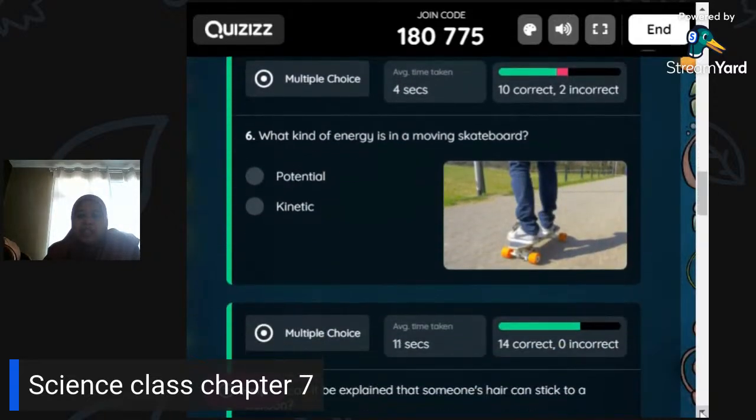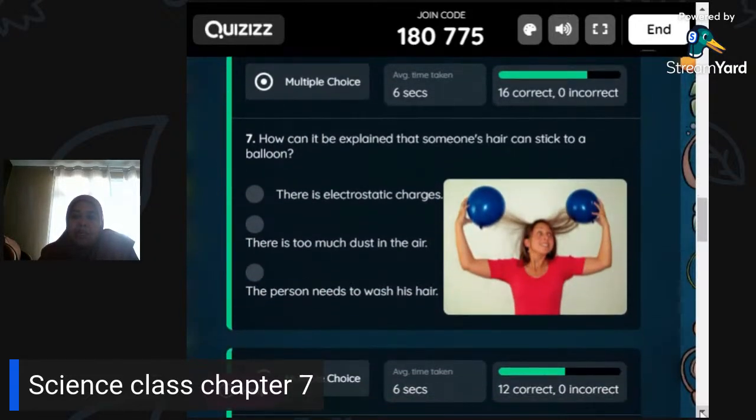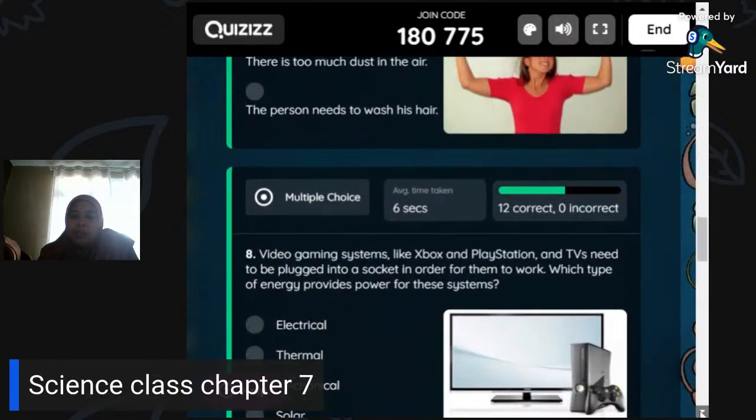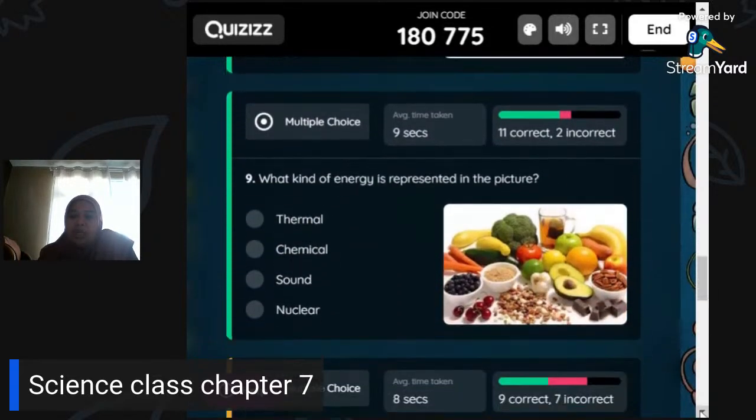Okay, what kind of energy? Moving skateboard. Potential or kinetic? How can it be explained that someone's hair sticks to a balloon? Video gaming systems like Xbox and PlayStation, TV, need to be plugged in. Which type of energy provides power?